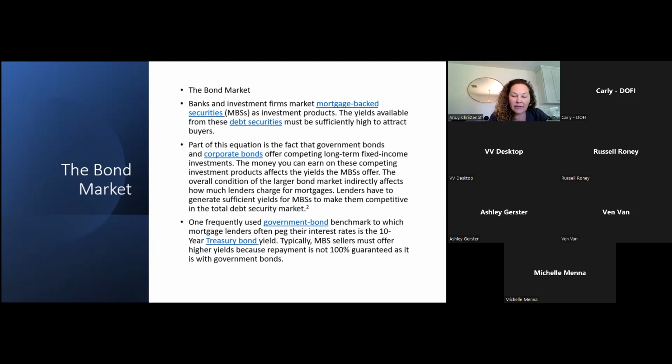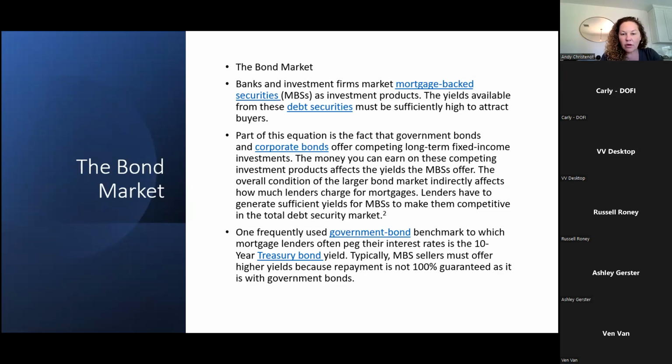So again, if an investment doesn't make you money, do you want to invest in it? It's a supply and demand issue, just like real estate inventory is. The less supply, the more people are going to pay for it. The more supply, the less people need to pay for it.